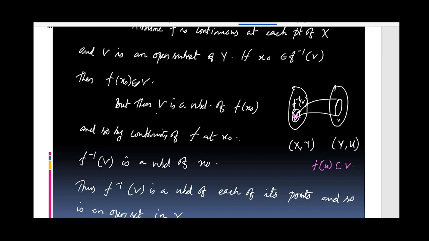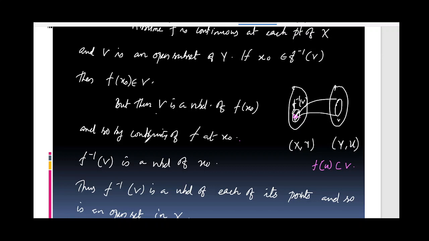Then by using the continuity definition that we have studied in the previous class, we will get there exists an open set U in X such that x naught belongs to U, and f of U is contained in V, right?